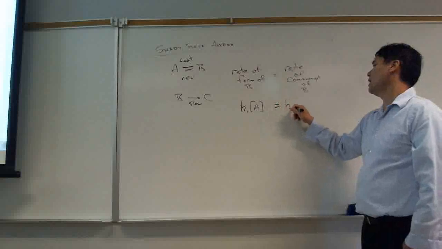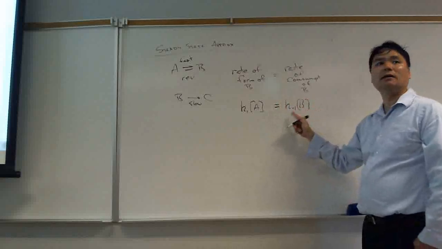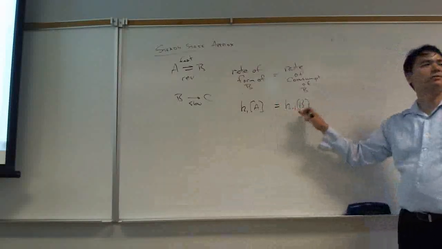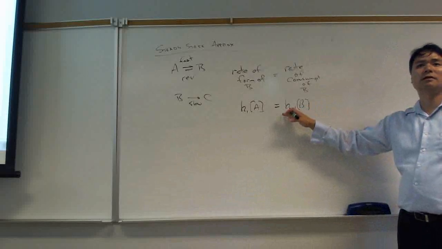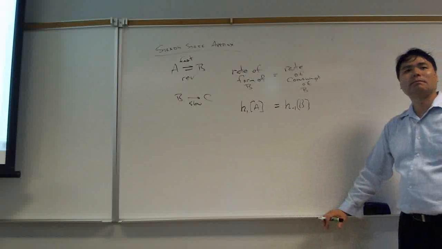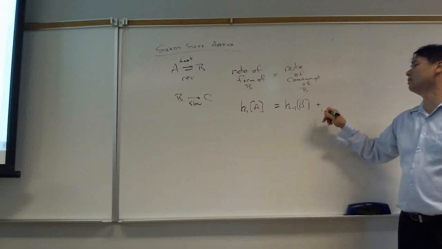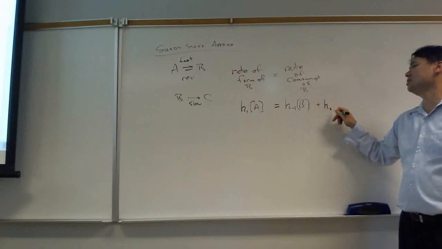One of the ways is K minus 1, the reverse reaction, yielding A. If you look at just this, this is the fast reversible assumption, right? But now we have to worry about the leak. If we worry about the leak, then we ought to add that in. That is, we're going to lose some B due to the leak, which is K2 times B.